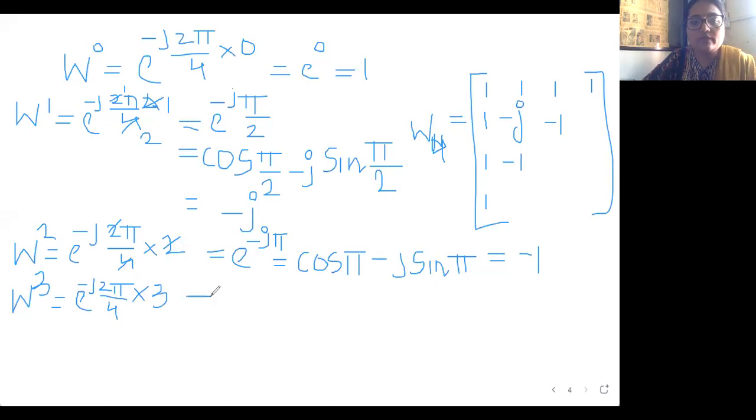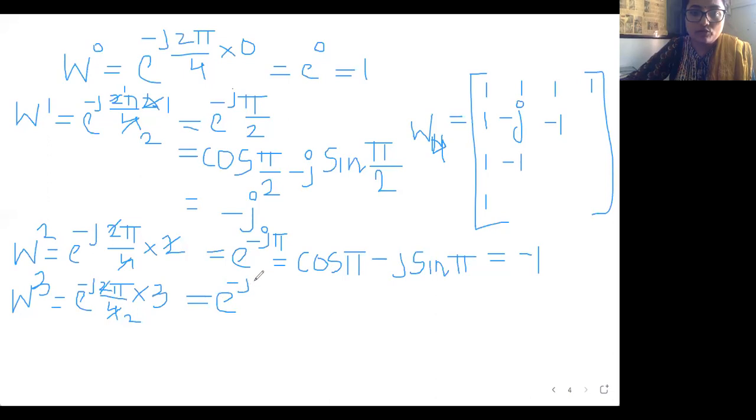Find the value and tell me after finding it. Let us reduce this. 2 1s are 2, 2 2s are 4. So the equation will be e raised to minus j 3 pi by 2.